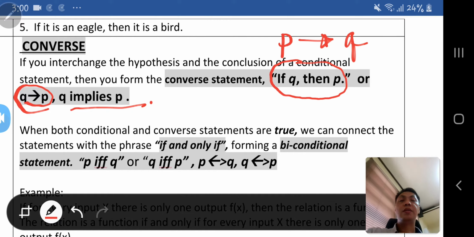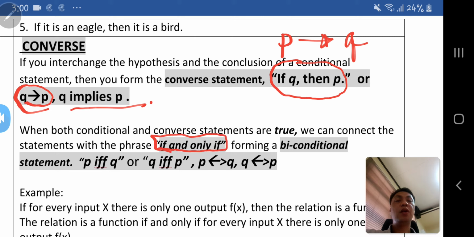After doing the converse of a conditional statement, if the conditional statement is true, then its converse is also true. When both the conditional and converse statements are true, then we can connect the statements with the phrase if and only if.